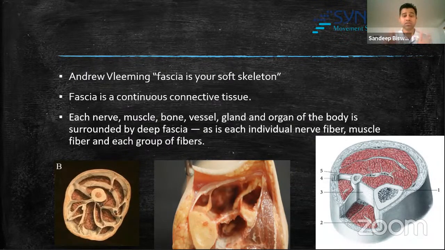And if that function does not happen appropriately, then you can have conditions like compartment syndrome. That's one of the reasons. And then what the surgeons will do is go ahead and cut the fascia to release the compartment pressure. But guess what? You could have intervened without surgery, just made those pockets more pliable so that the muscle can function better, and you could have saved a person surgery.